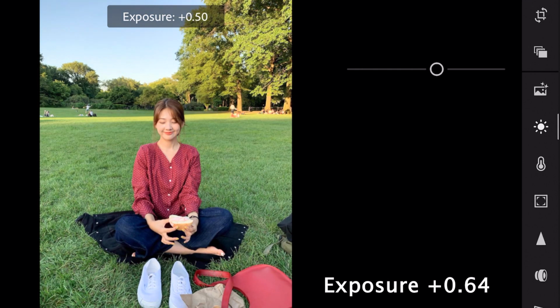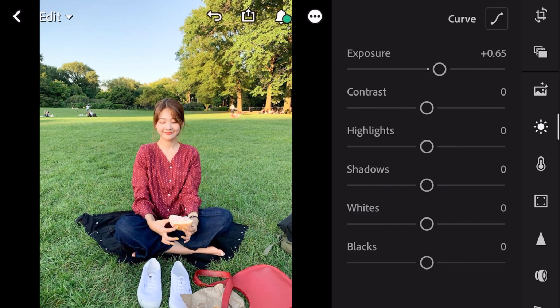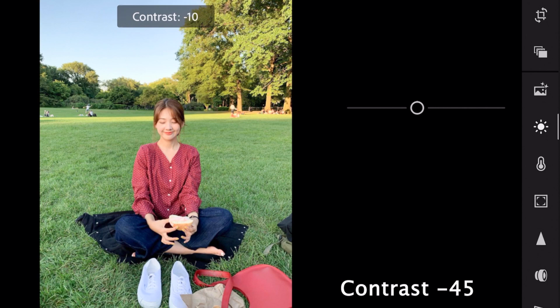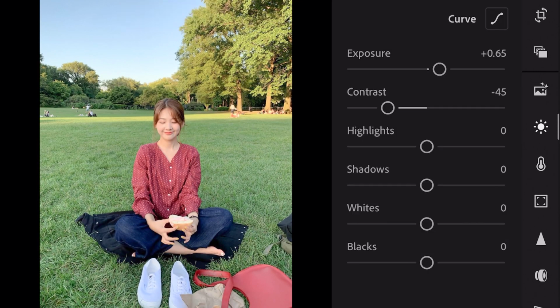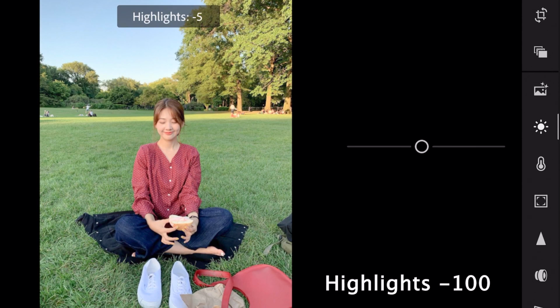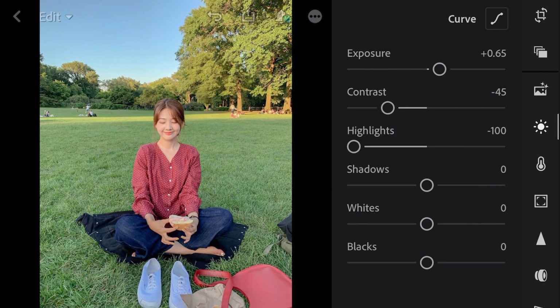Exposure plus 0.65. Contrast minus 45. Highlights minus 100.